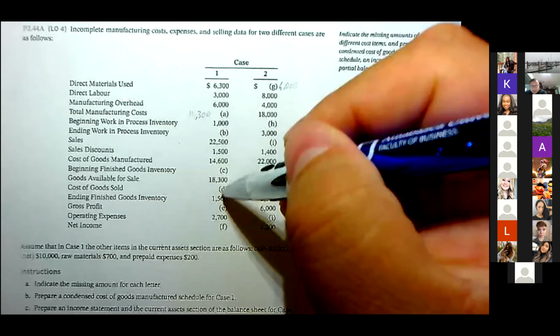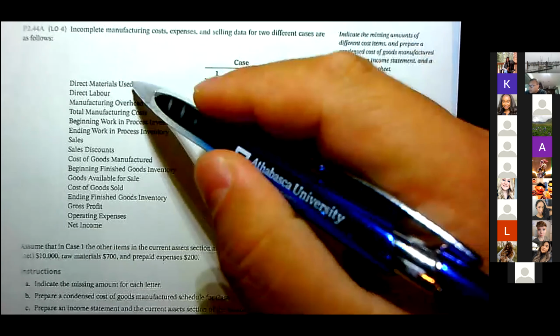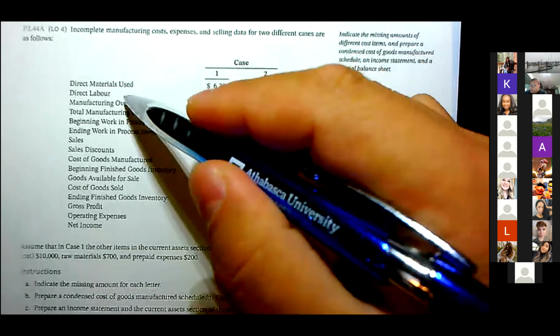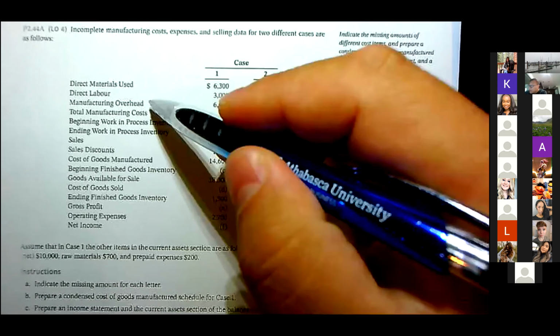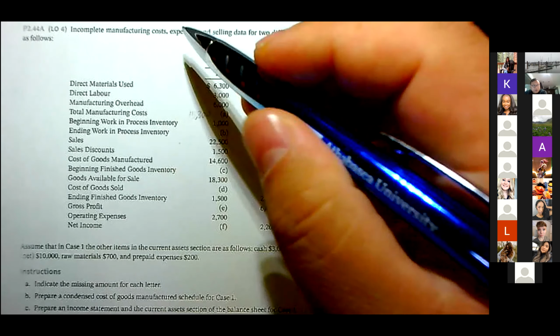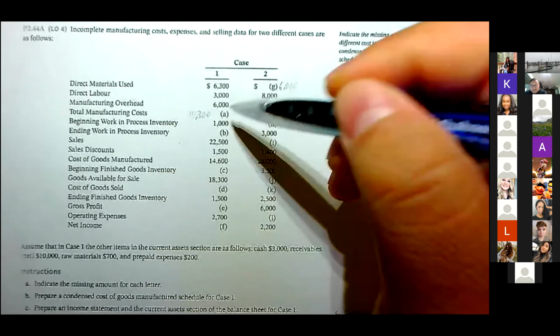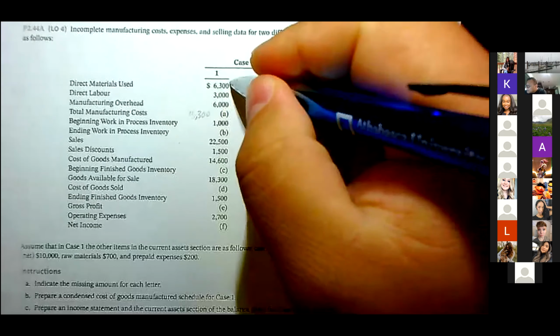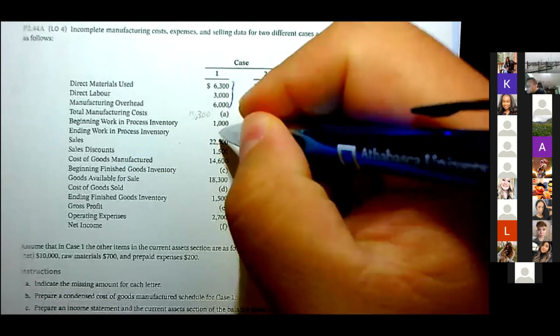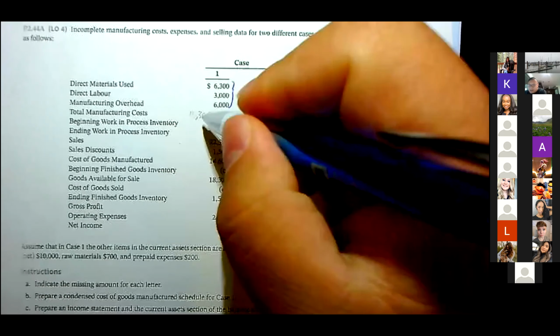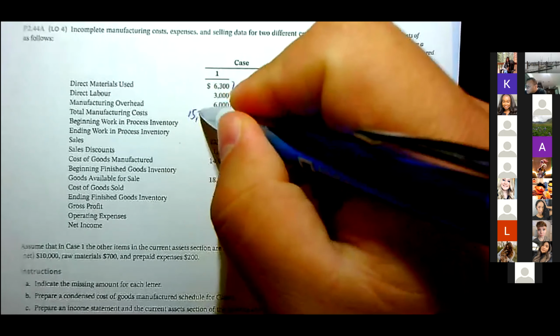Now let's take a look at column 1. We know the direct materials used, direct labor, and the manufacturing overhead. So what is the total manufacturing cost? You just add them all together. What I got is 15,300.